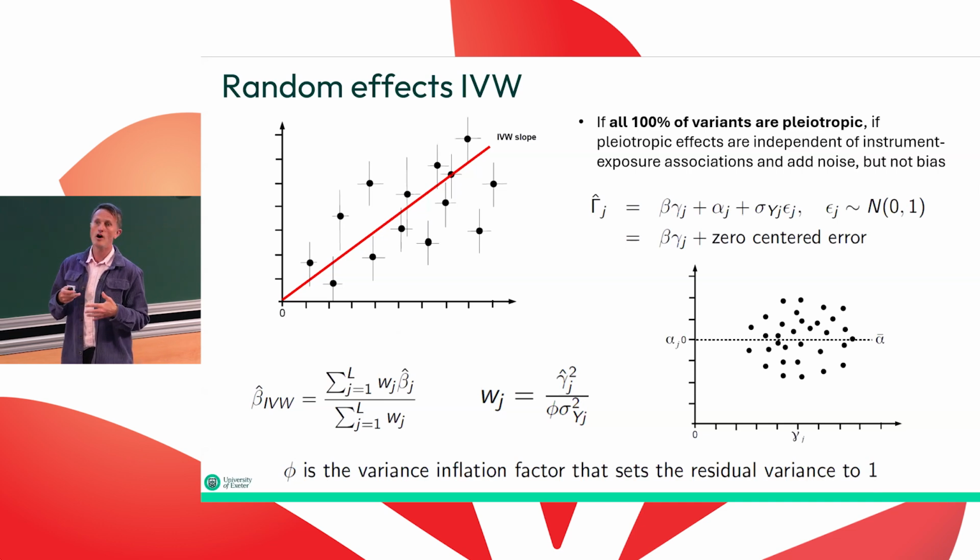So even if 100% of the variants were pleiotropic, but their pleiotropic effects were independent of how strong each one of those variants was as an instrument, and it was adding no bias but just noise, then you could calculate the standard estimate but simply inflate the standard error to account for the additional variability induced by the pleiotropy. And this would be called a random effects model, a random effects meta-analysis.